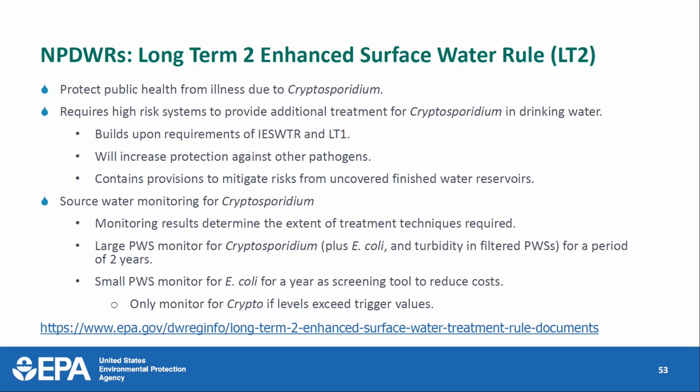The large systems under this rule monitored for crypto and E. coli and turbidity, and those E. coli data were used to set what were termed the trigger values for the small systems. So, next slide, please.